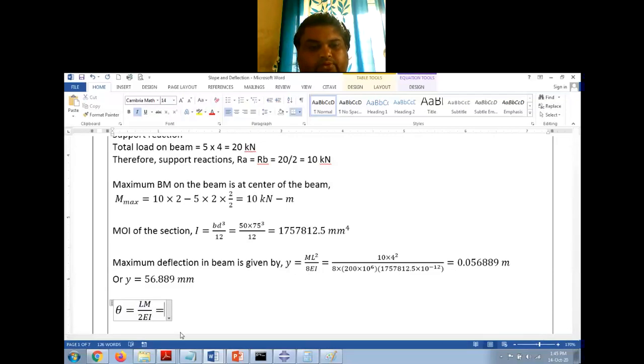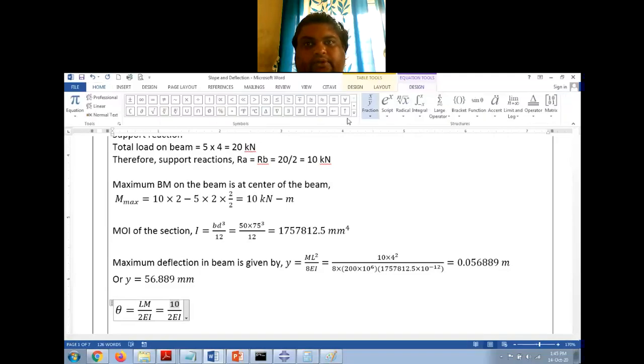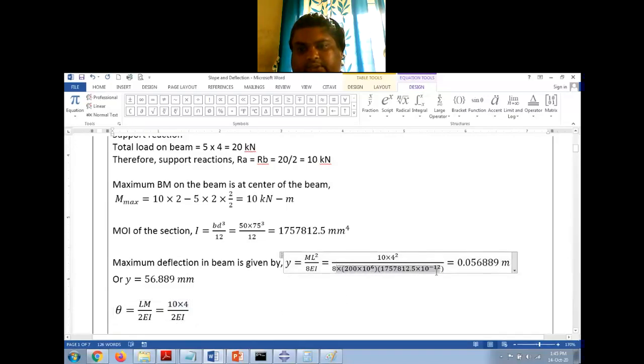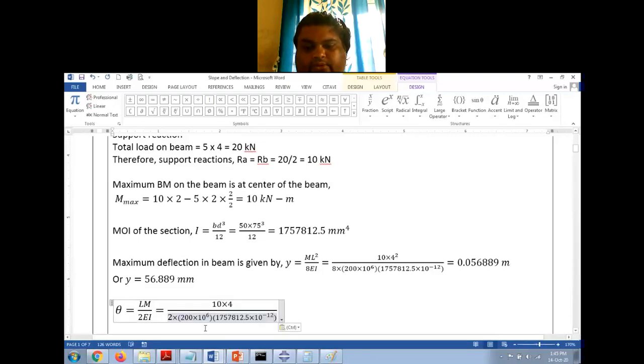This is equal to L into M, 10 into 4, divided by 2 times EI. So I'll just copy this entire thing. 2 into this much.